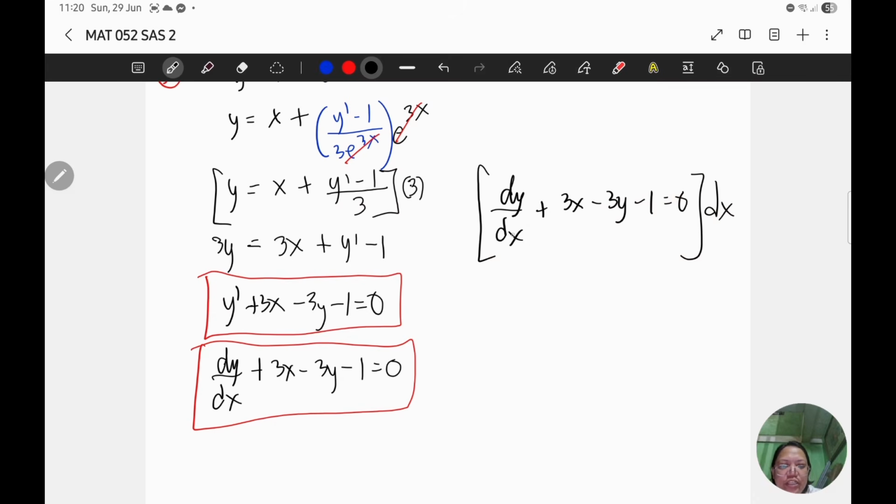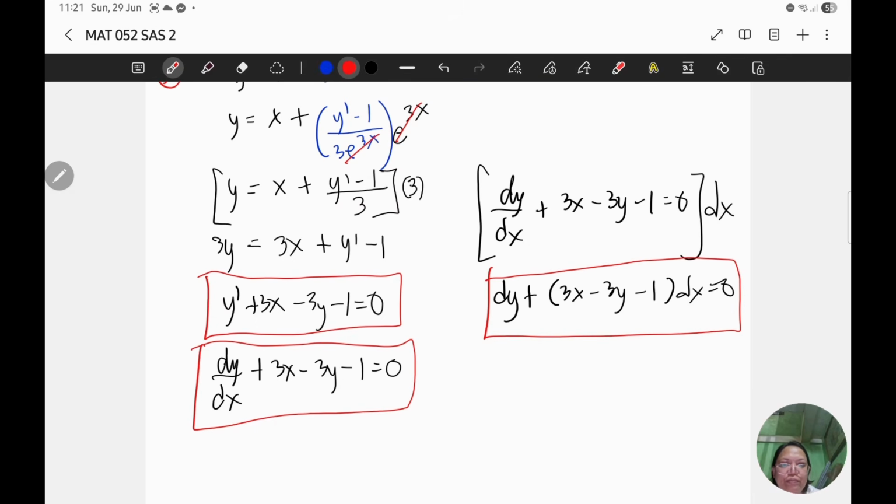So dx is cancelled here, so we have dy only. And dx will be distributed to these terms, 3x, negative 3y, and negative 1. So we will put the dx outside for 3x minus 3y minus 1 equal to 0. So this is another way of writing down our solution.